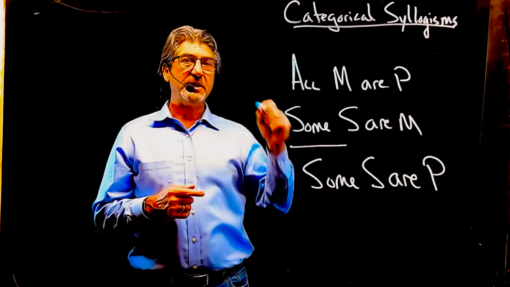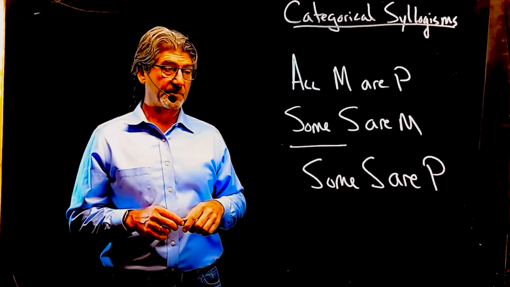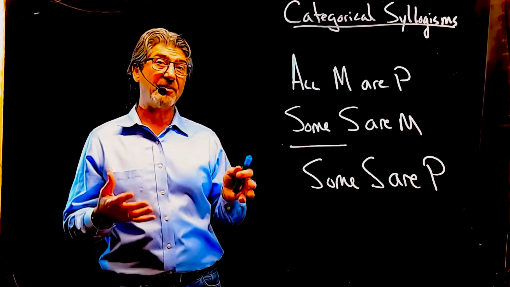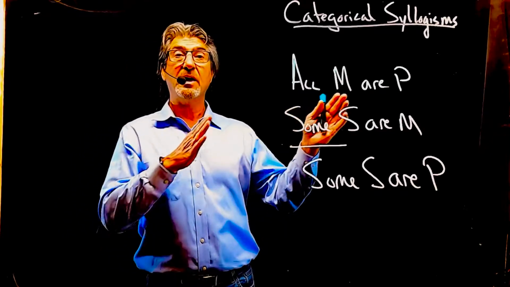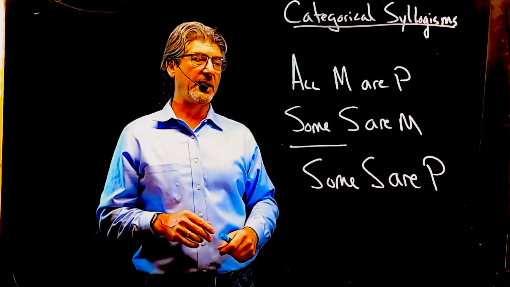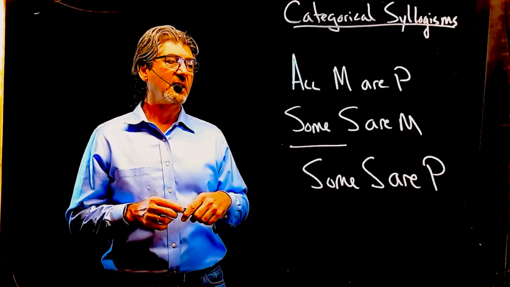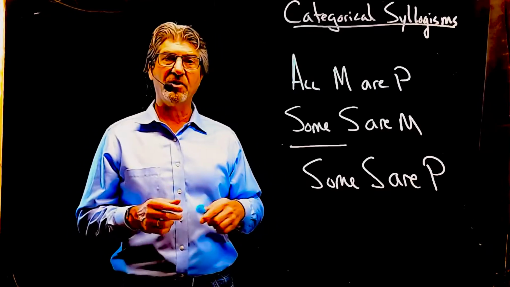Now, there are some things you need to know about categorical syllogisms. We have some rules, what we call standard form, that you have to follow to make sure you've listed these correctly, and that allows us to do some logical manipulations with them. To start with, we name all these terms.